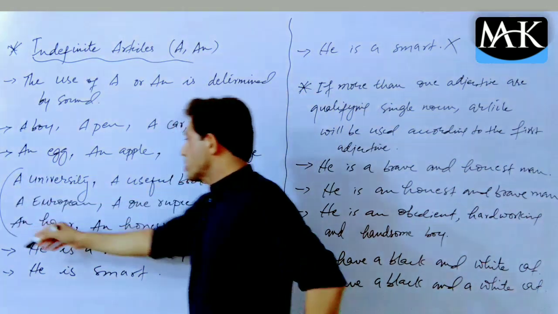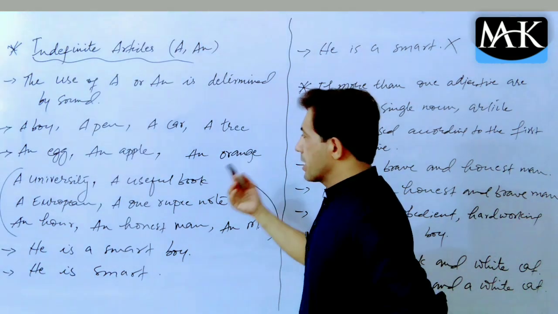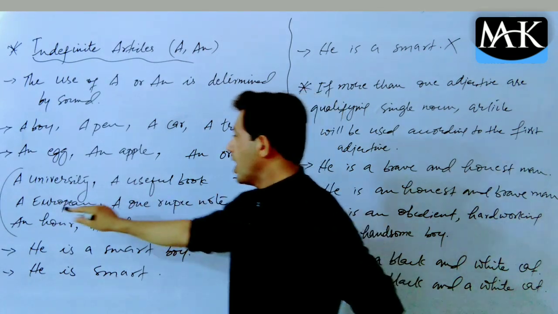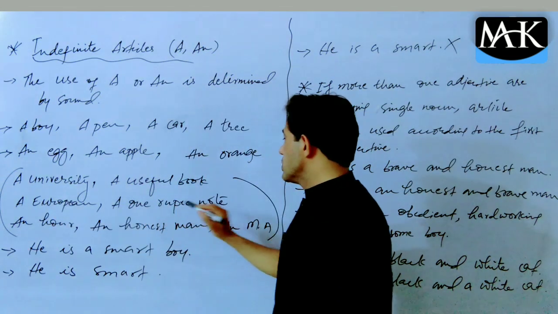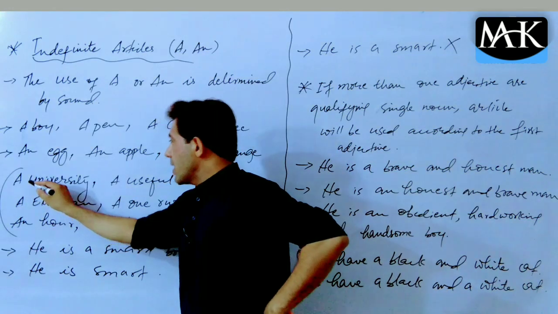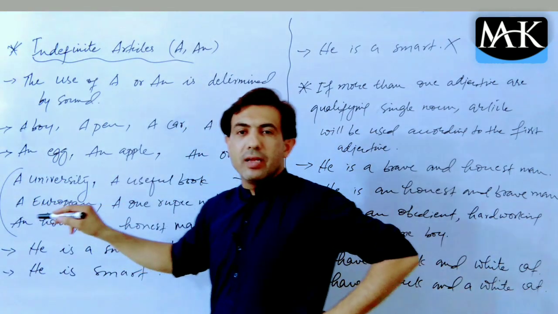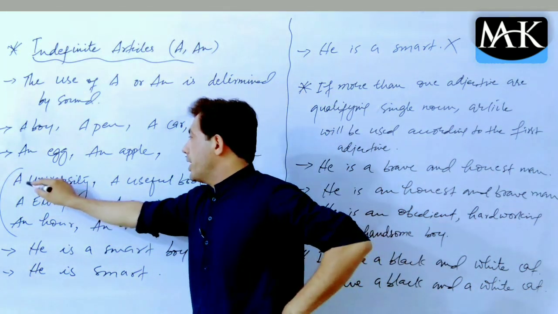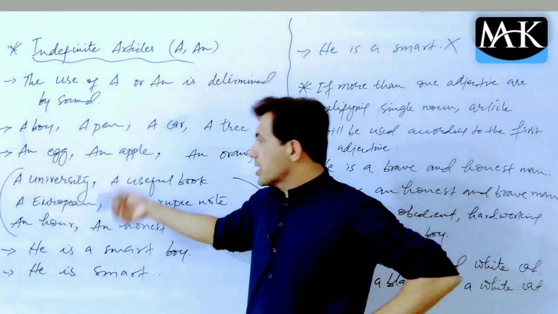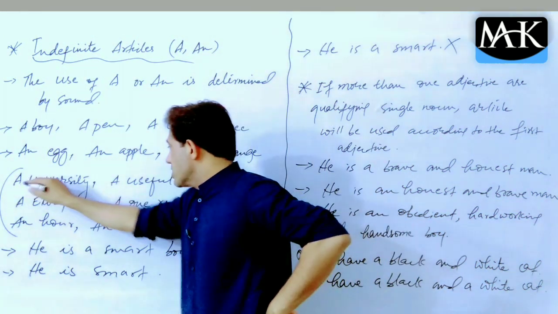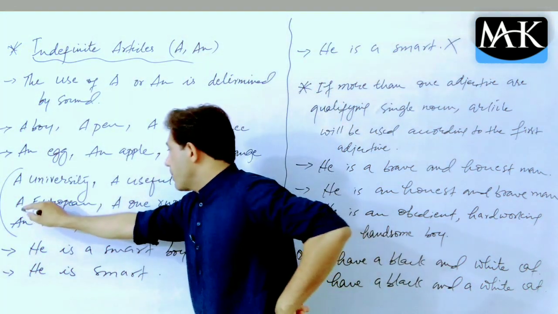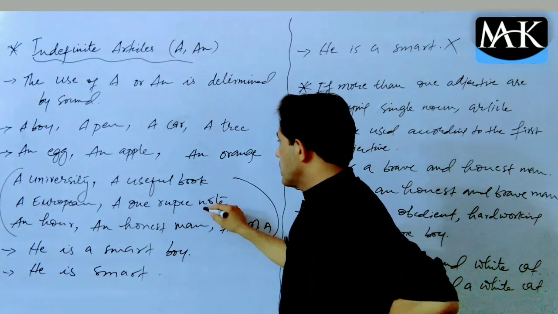And there I have mentioned some different examples to clarify it further for you. A university, a useful book, a European, a 1 rupee note. Now listen carefully. A university, even though U is a vowel, yet we are not using an here because the sound is not that of a vowel. It gives a different sound, right? A university, a useful book, a European, a 1 rupee note.